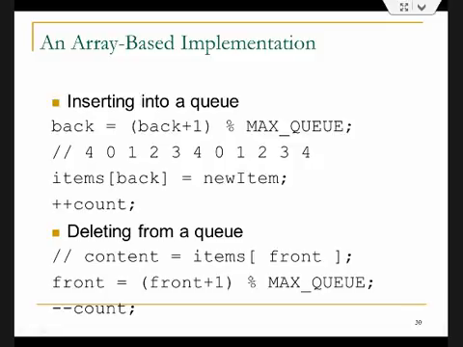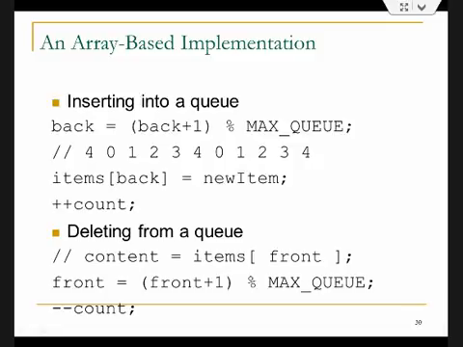So mod is when you go to the end, then you go back to 0. Like if max queue is 100, then when you go from 0 to 99, then 99 becomes 0 again instead of going to 100. So here you have item back equals new item, and you add 1 to count.